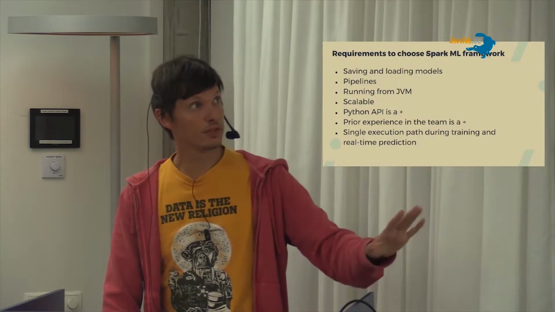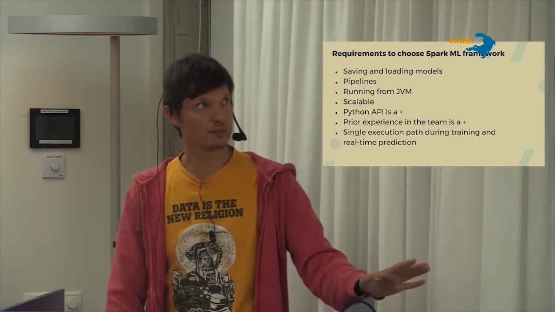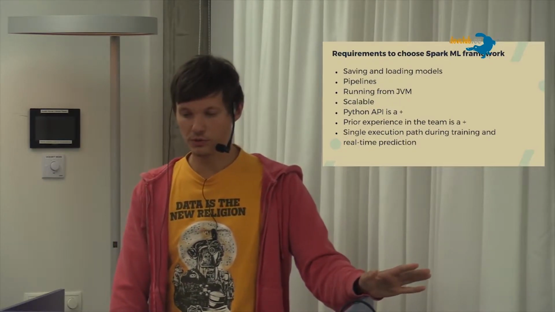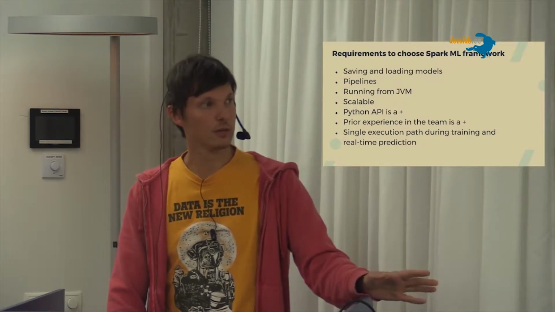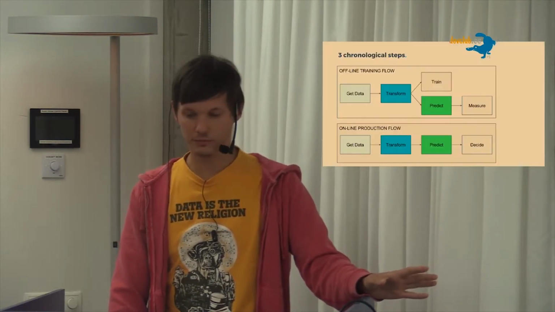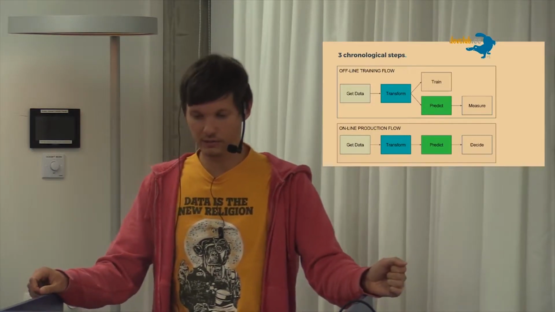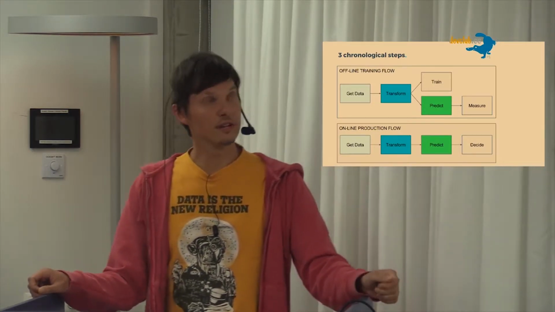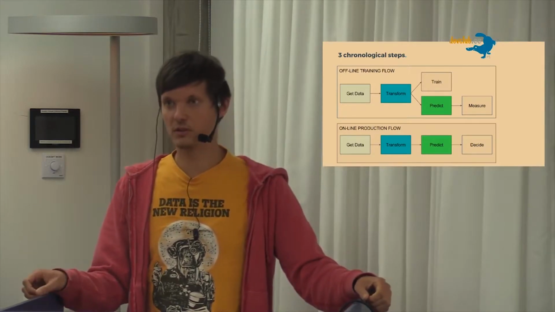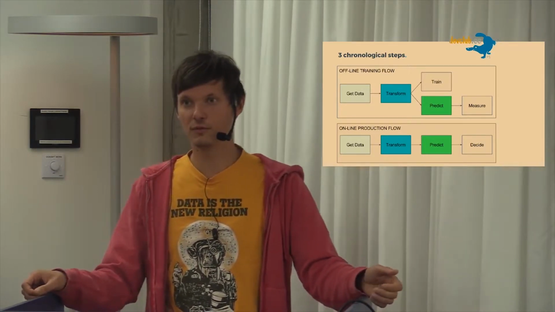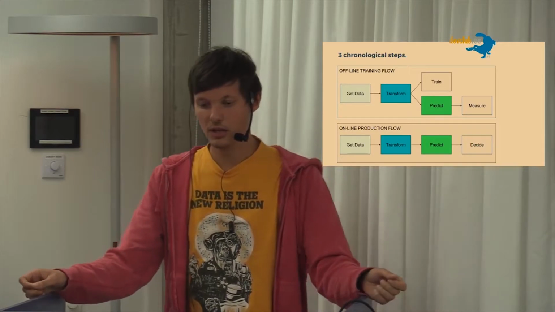So most of these are quite self-explanatory, but I wanted to draw your attention a bit more to the last point. So what do I mean by single execution path? There are three chronological steps in the life of every machine learning model.